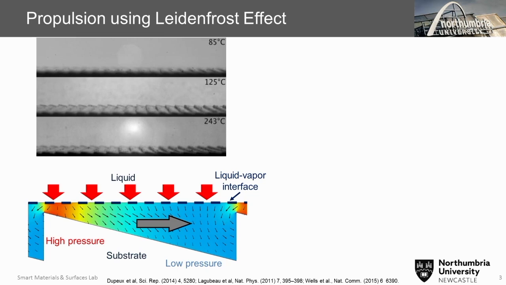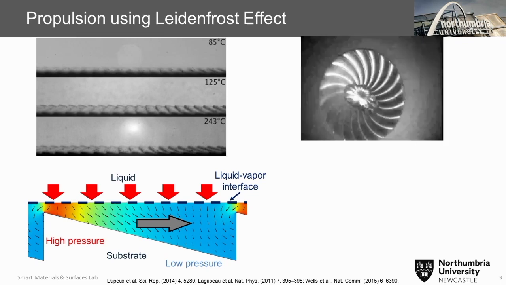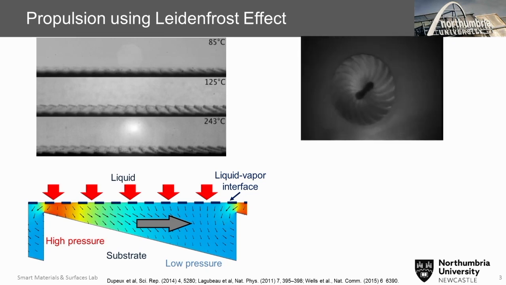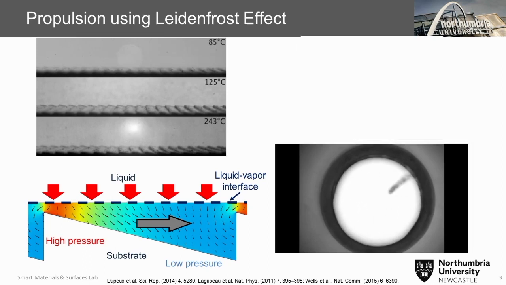Now, the same propulsion mechanism can be used to rotate droplets on turbine-like asymmetrical substrates in different modes. The same phase change propulsion mechanism can also be extended to sublimation, where blocks of dry ice can be seen to rotate on these similar turbine-like surfaces.